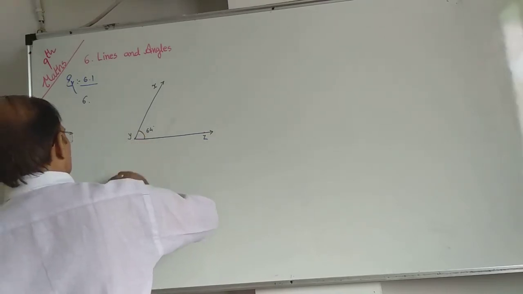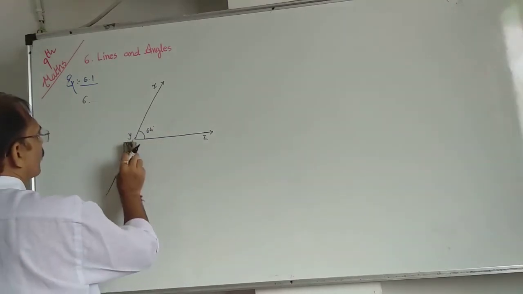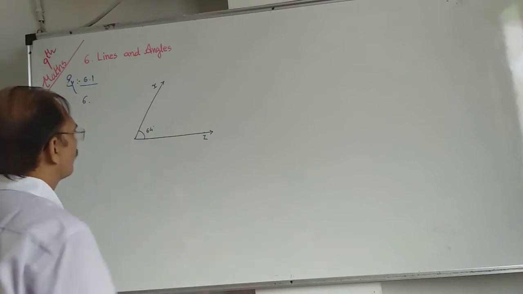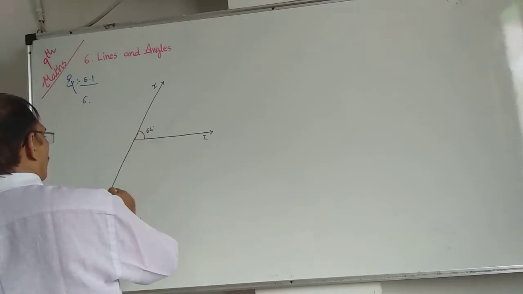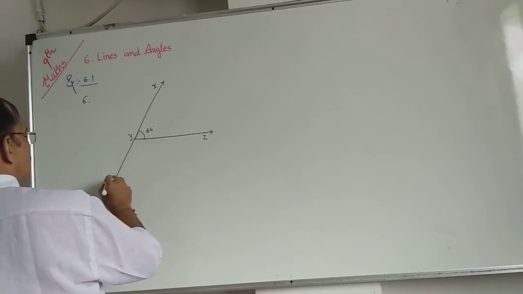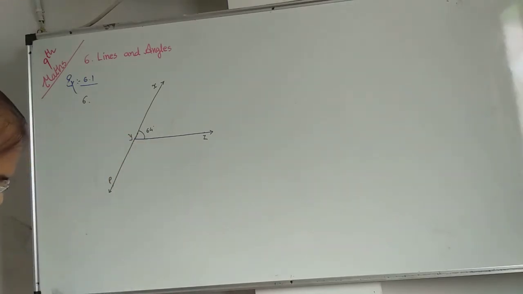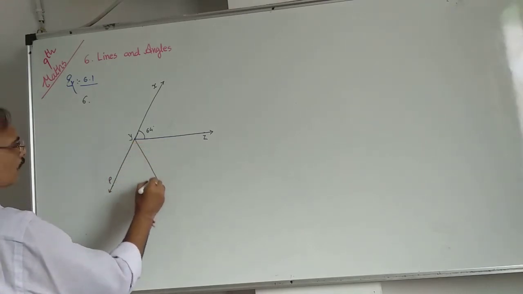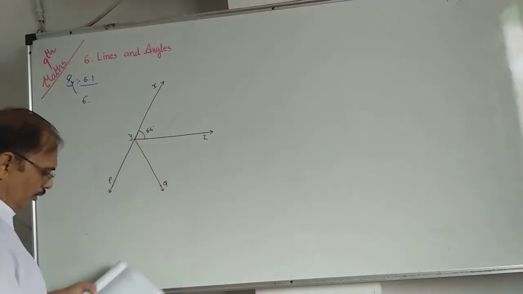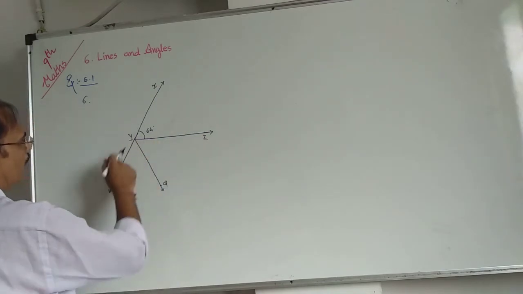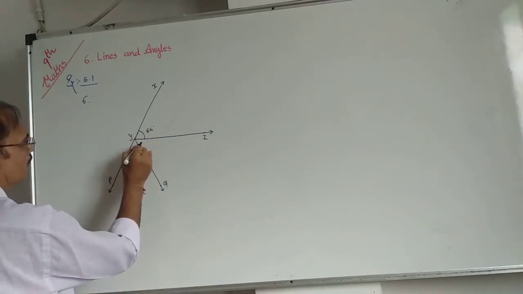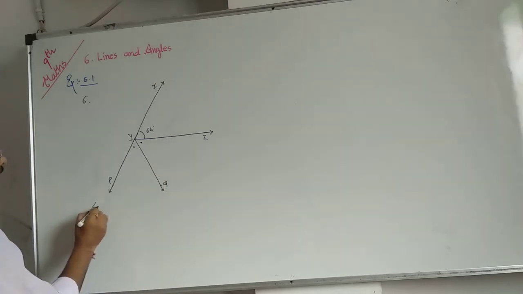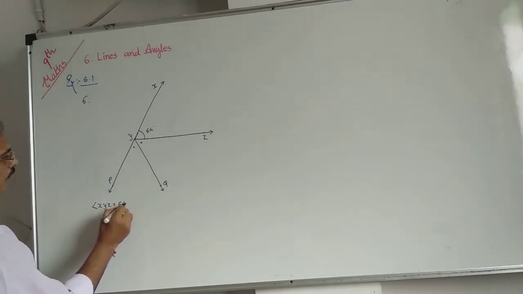So this line is produced to point P. Draw a figure from the given information. So we draw it. If ray YQ bisects angle ZYP, bisects means this angle and this angle are same. Angle XYZ equal to 64.